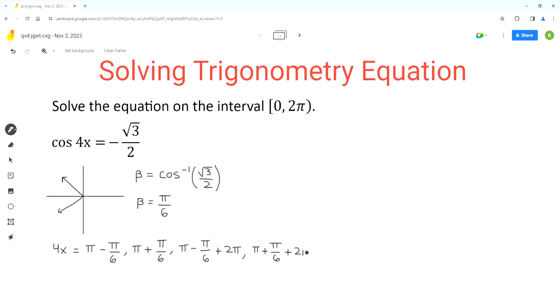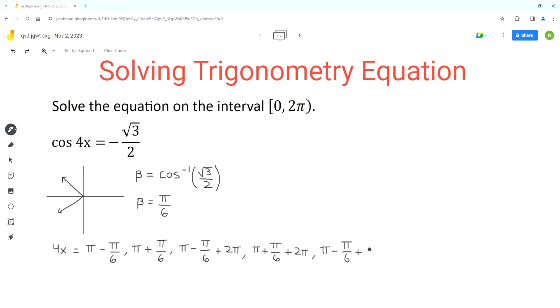These are the two angle values we get when we go around the circle from the positive x-axis the second time. And since we are given 4x, as I mentioned earlier, we have to go around the circle 4 times. When we go around the circle the third time, we start with quadrant 2. So pi minus pi over 6 plus 2 pi was the value we got for the second round.